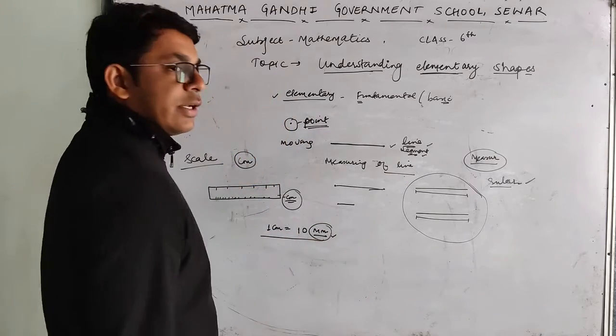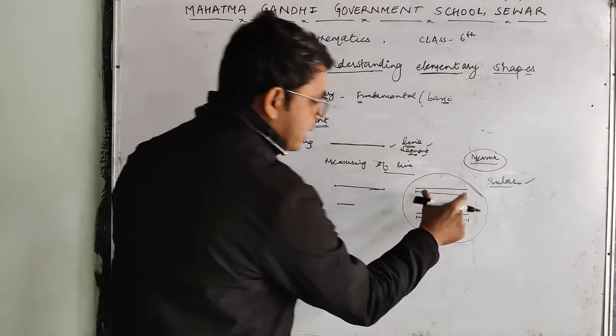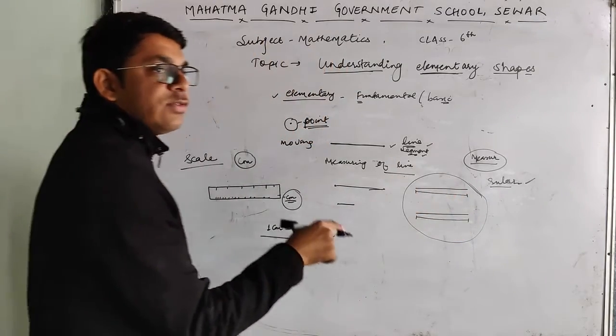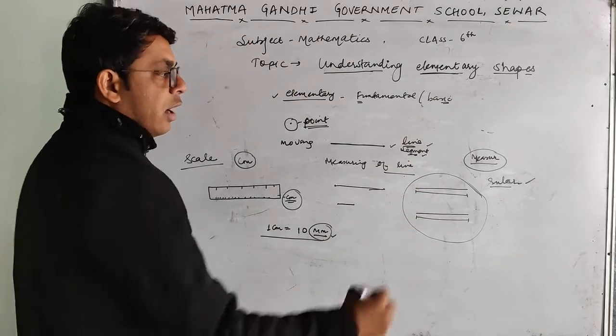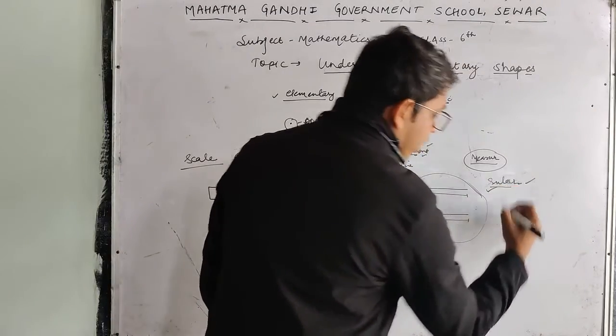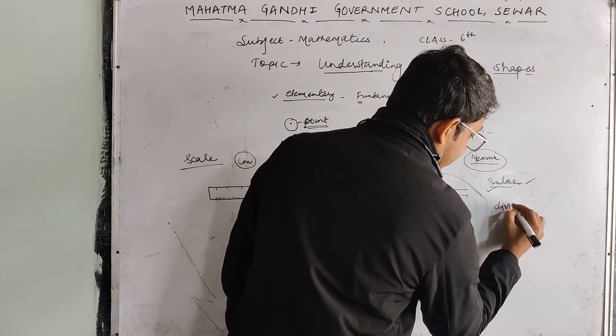How much? 10 millimeters. So employing this scale for measuring lines is very helpful, and we can be precise. We can use either a ruler or a divider.